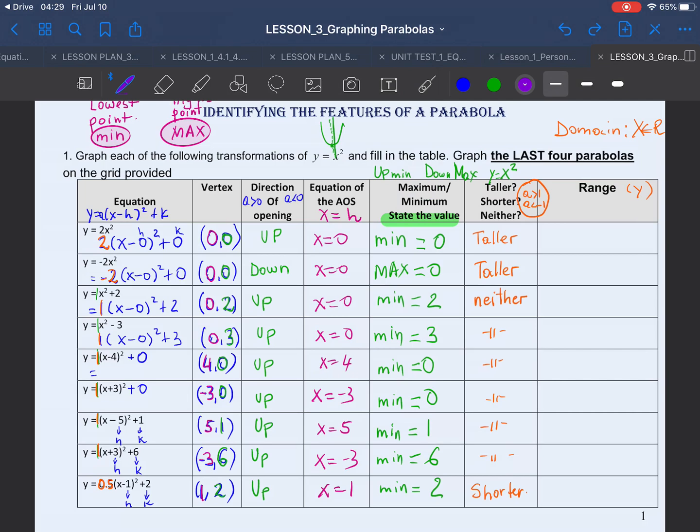So if it opens up, let me choose a different color here. I think I have something in mind, purple. So when the parabola opens up, this will be the lowest value. So every y value will be bigger than or equal to the lowest value, which is marked by the coefficient k. If the parabola opens down, then the parabola will have a maximum.